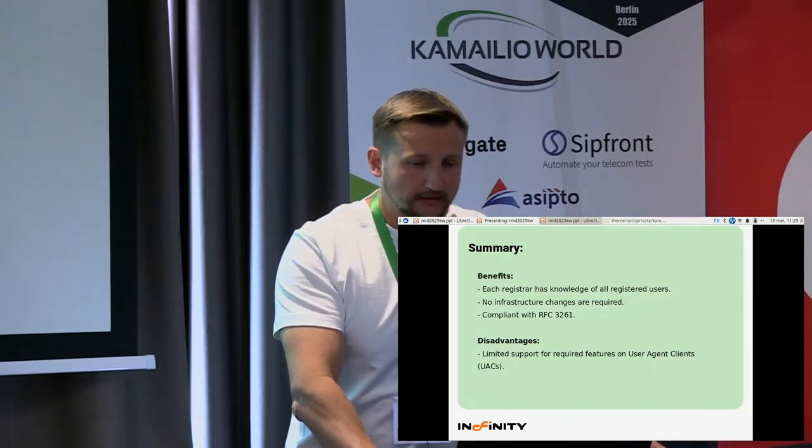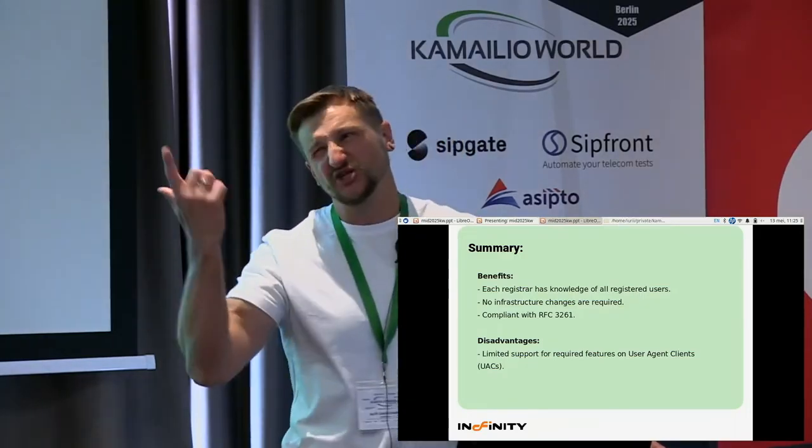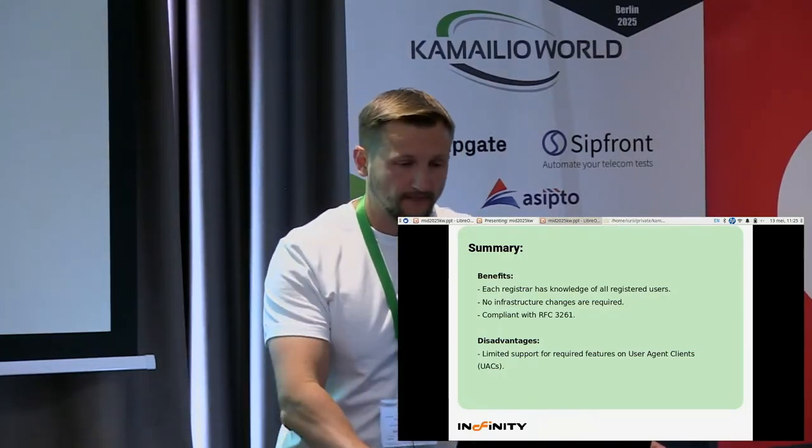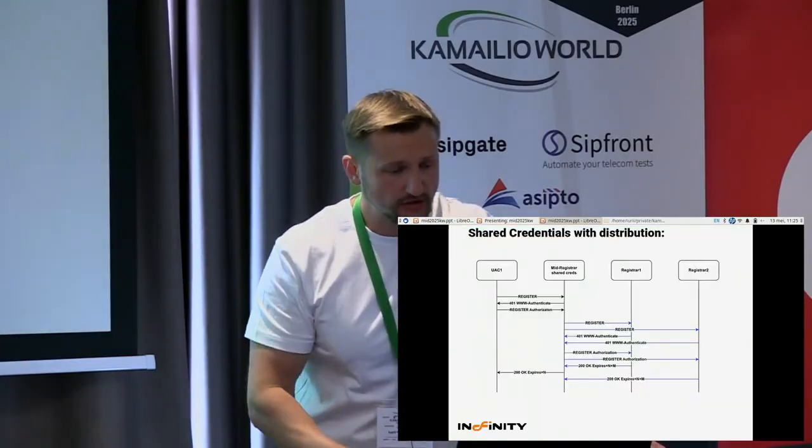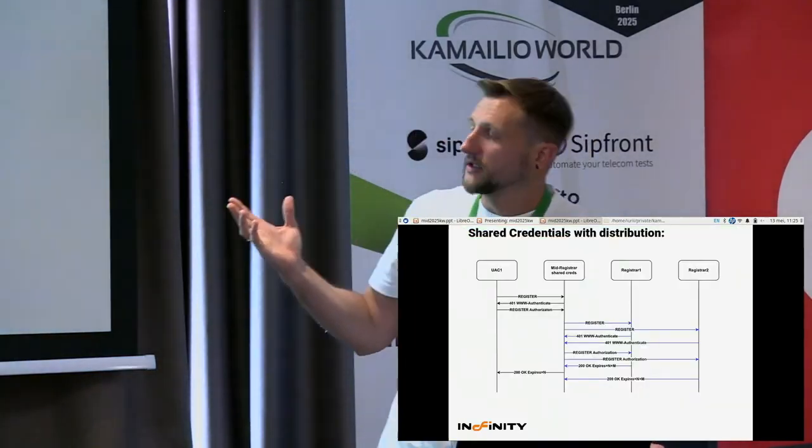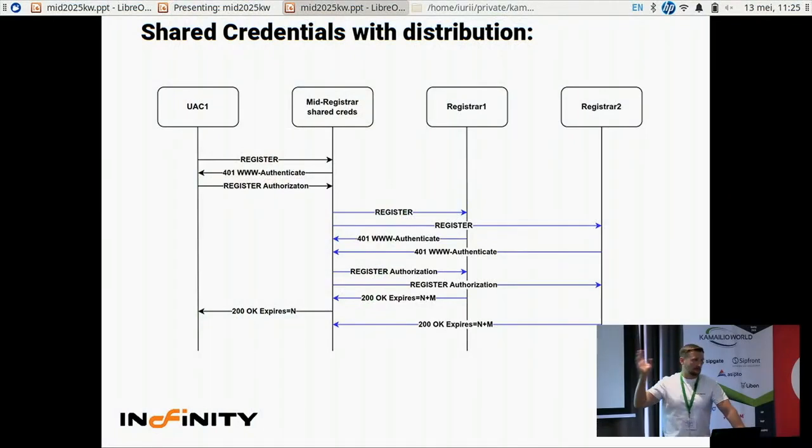And there is yet another approach, which actually comes from shared credentials distribution. Basically, we can use even the first schema which I showed, which uses UAC and registrar. We can just duplicate the UAC registration records in a database, and the UAC registration is going to connect us to all the needed registrars.